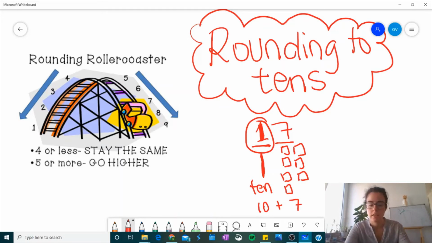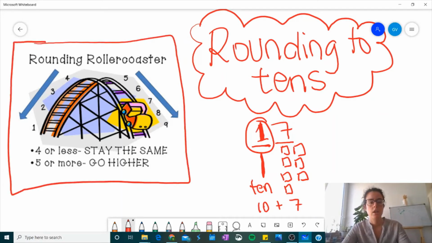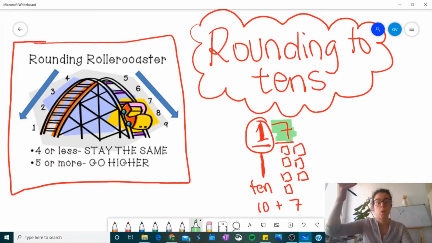Now, let me show you, check out this here, our rounding roller coaster. When we are rounding to the tens, we need to look at the number in the ones place. And that will tell us if our number is going to go higher or if it's going to go lower. All right?